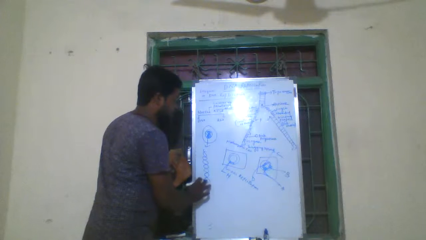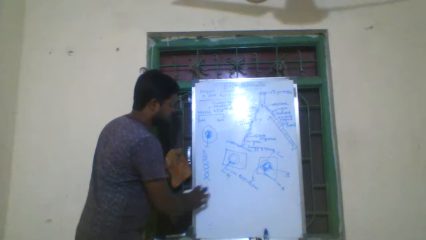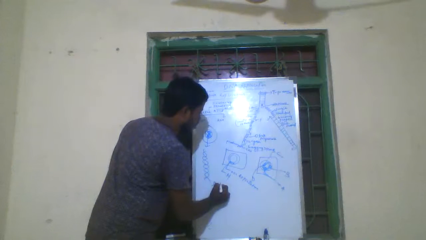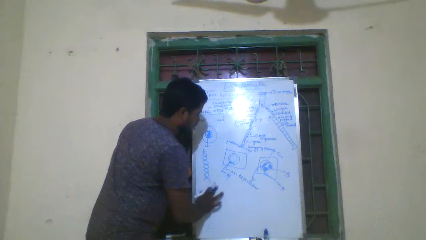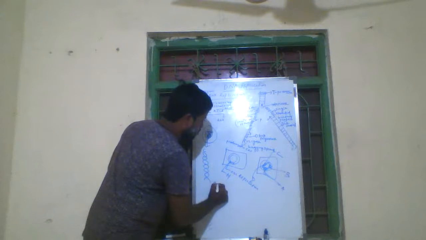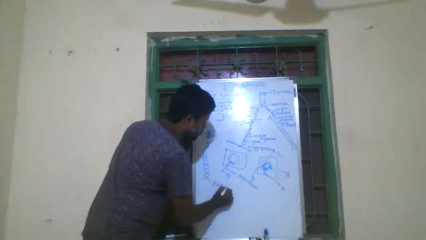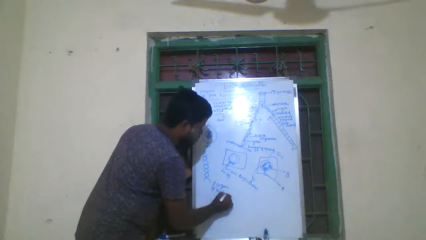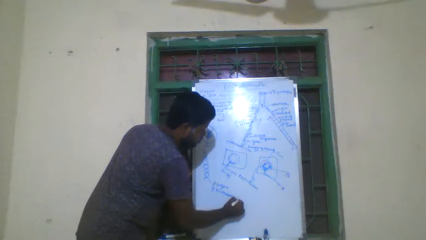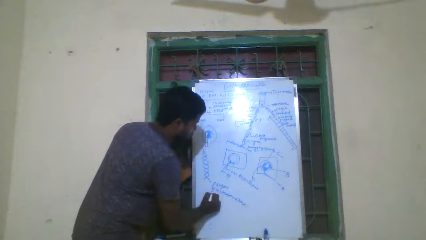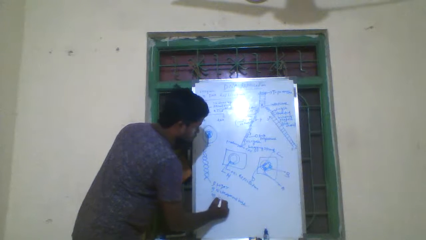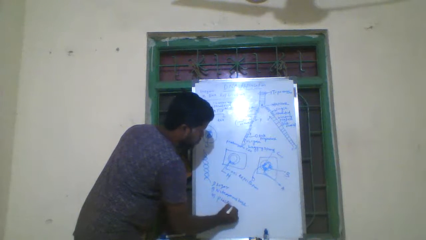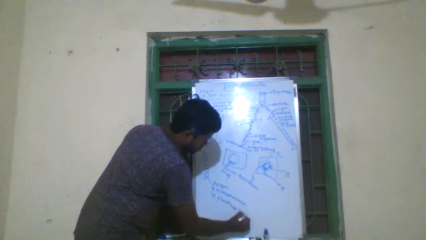One is sugar, one is nitrogenous base, and one is the phosphate group.